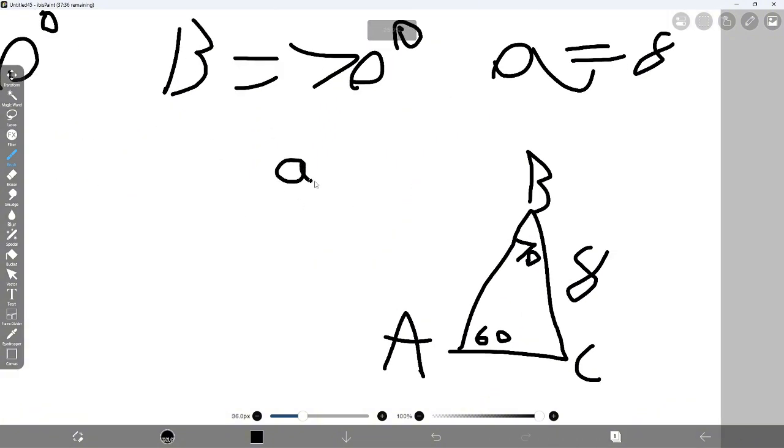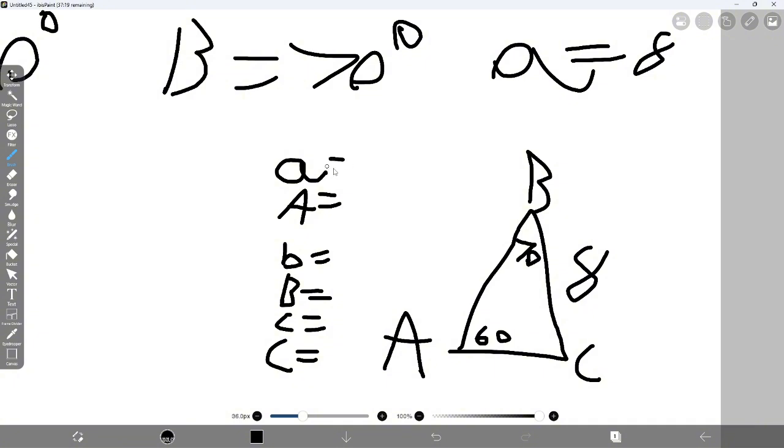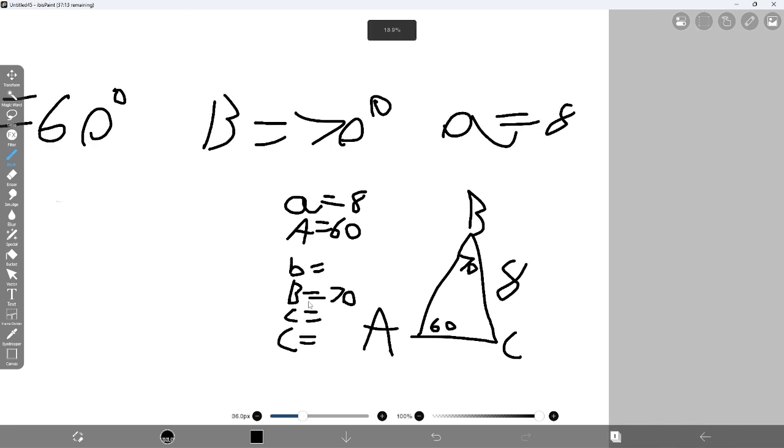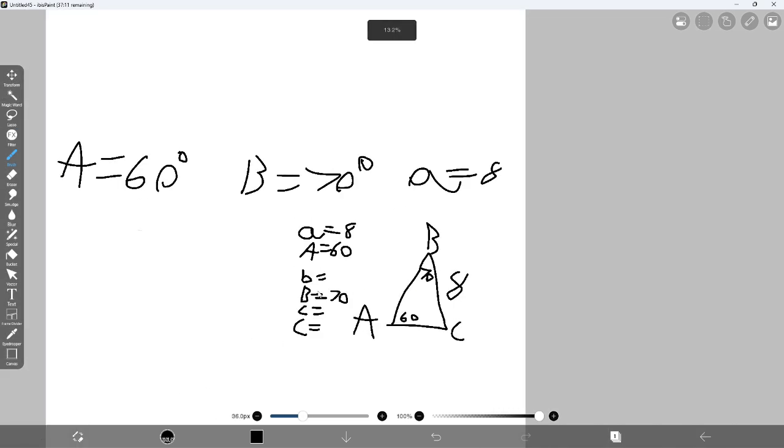You can add little a, little b, big B, little c, and big C, and you can put an equal sign beside each of them to remember what you're actually doing. So it would look something like this: 8, 60, and 70. And these, we have no idea.